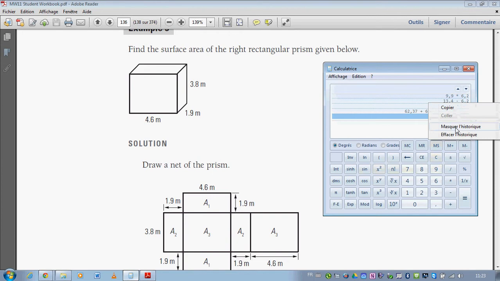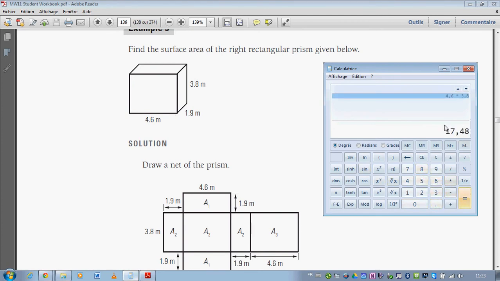Otherwise, first of all, you'd figure out the area of one of these sides. I'm going to start with the area of this front side right here, which is a rectangle. It's got a base of 4.6 and a height of 3.8, so 4.6 times 3.8 gives the area of that individual one. That gives me 17.48 as the area of this rectangle.